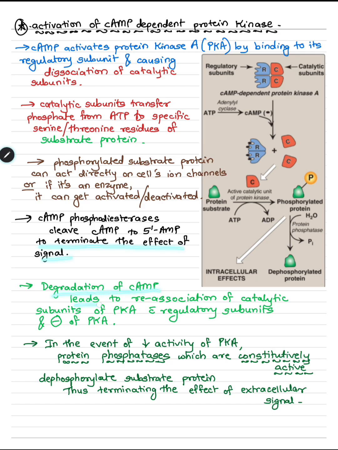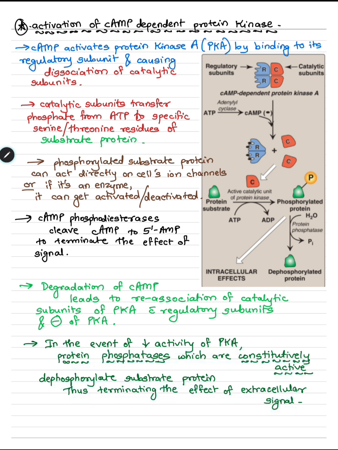Degradation of cyclic AMP leads to reassociation of catalytic subunits of protein kinase A with regulatory subunits and inhibition of protein kinase A. Right? In the event of decreased activity of protein kinase A, protein phosphatases, which are constitutively active, they dephosphorylate substrate protein, thus terminating the effect of extracellular signal.